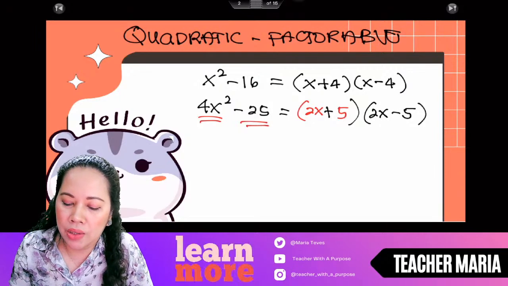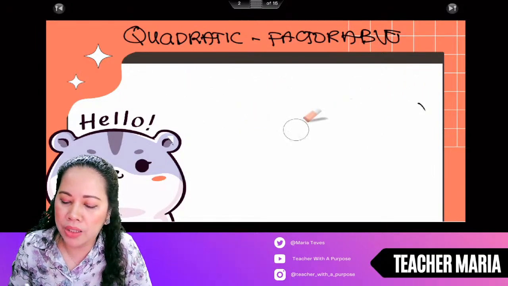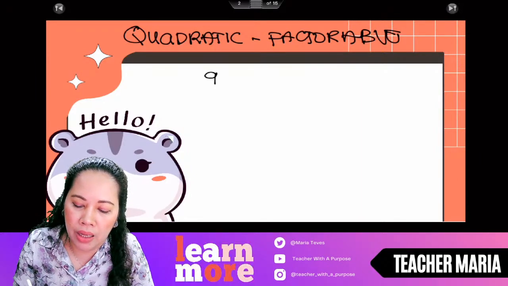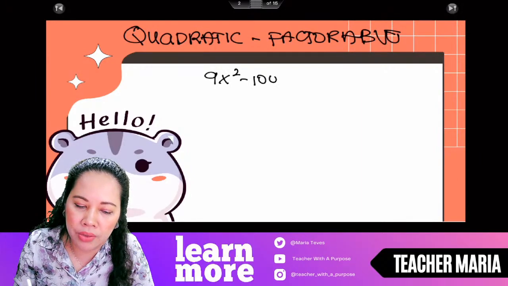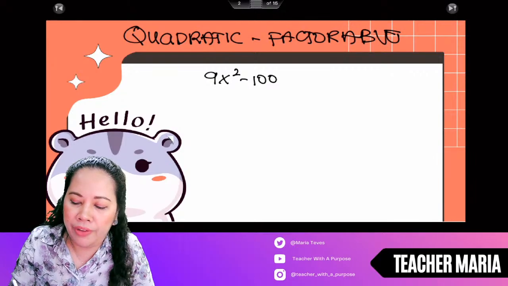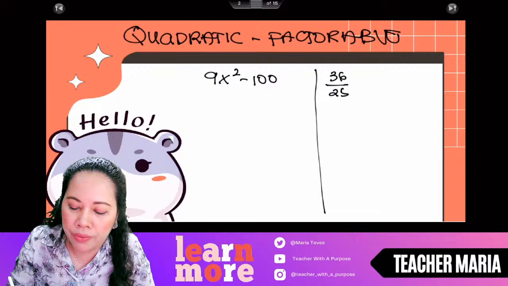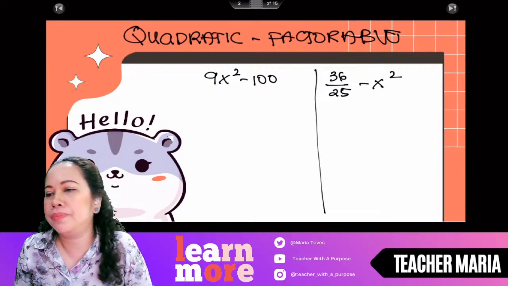Okay, can you try it on your own? Can you try to answer? I'll write down. Let's say you have 9x squared minus 100, or if you have 36 over 25 minus x squared.